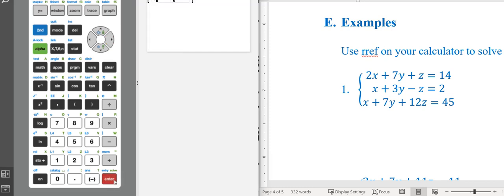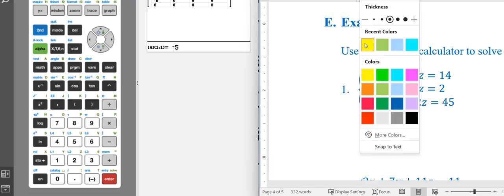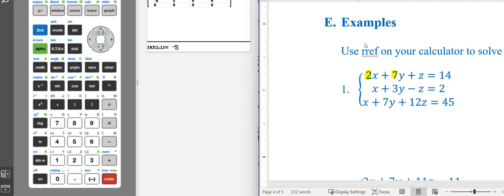There will be 3 rows and 4 columns. It's a size 3 by 4 matrix. And you're going to type in these coefficients.